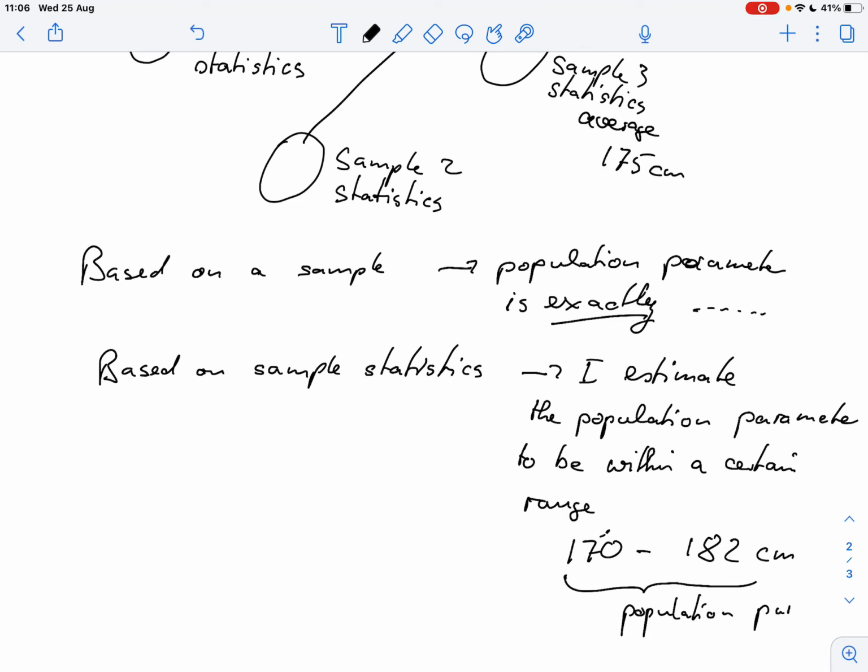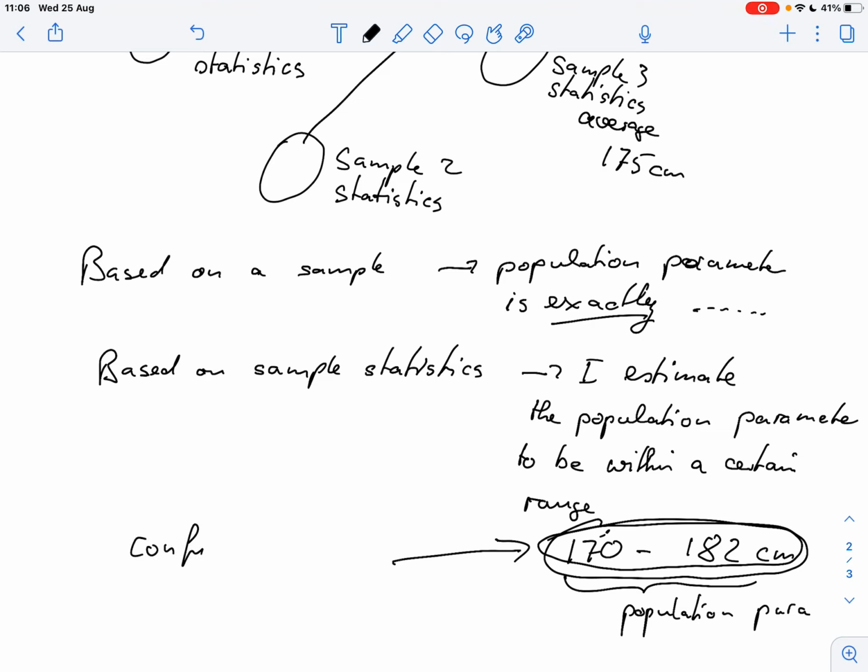That would be the population parameter that I'm trying to estimate. And this range, this interval, is generally referred to as the confidence interval.